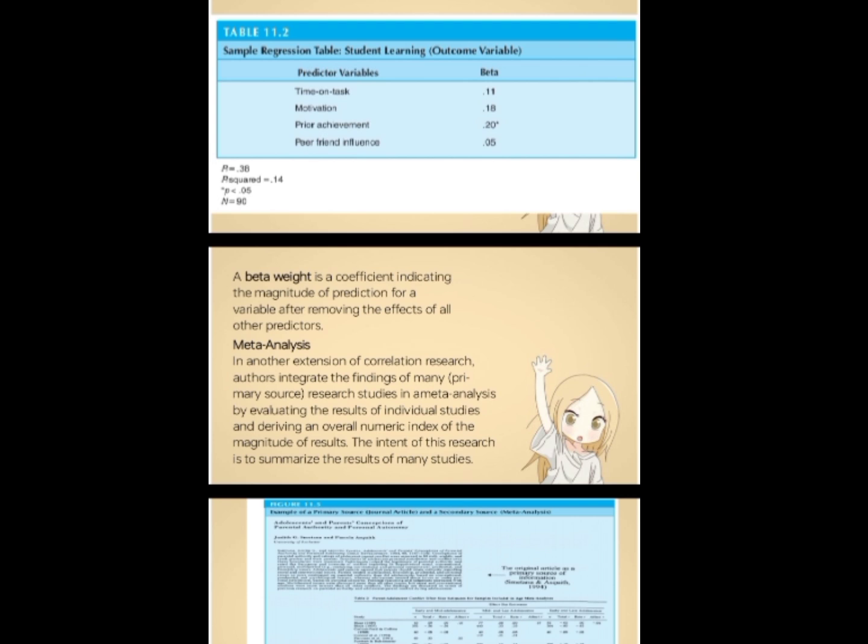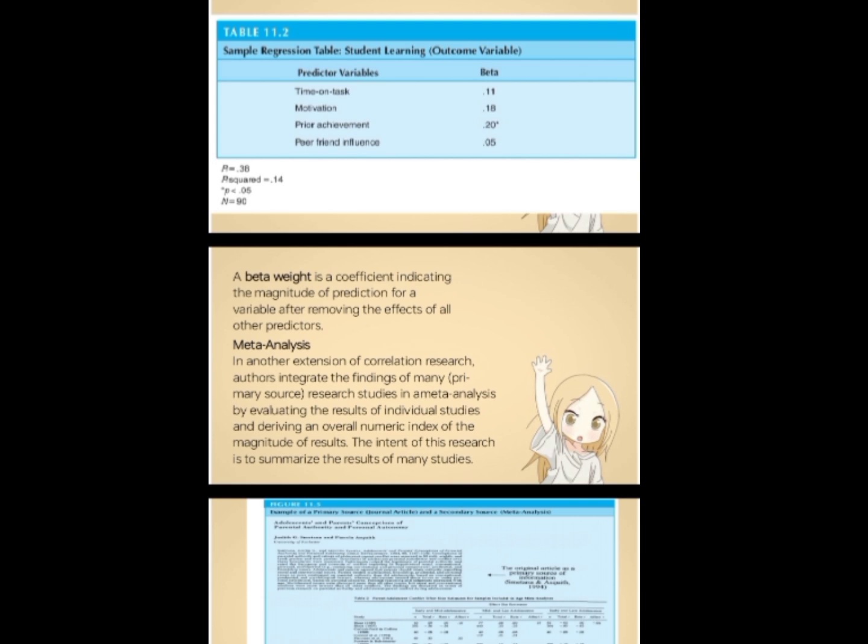It also shows the regression weight, the amount of contribution of each variable controlling for the variance of all other variables, called beta.